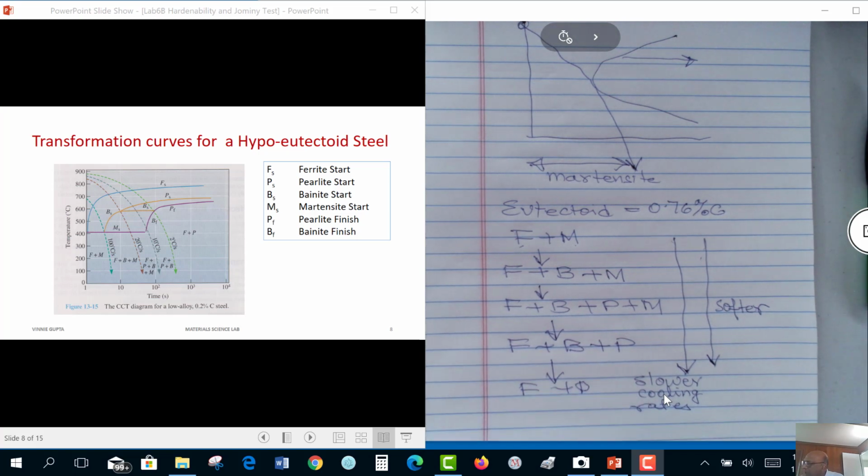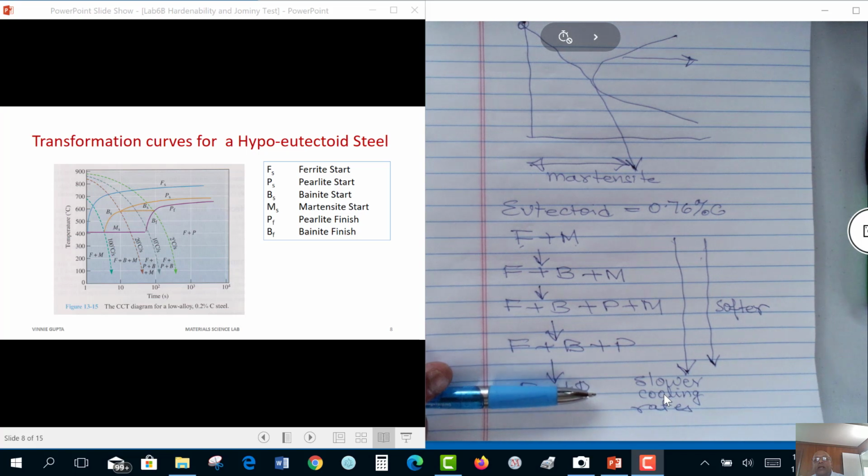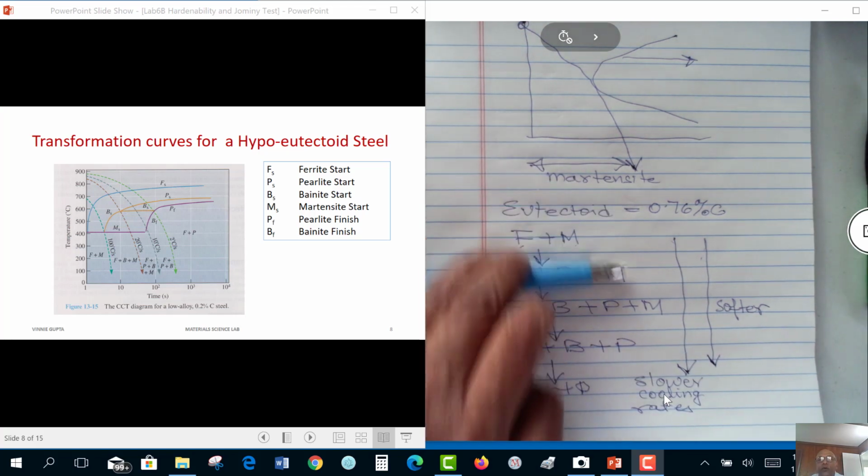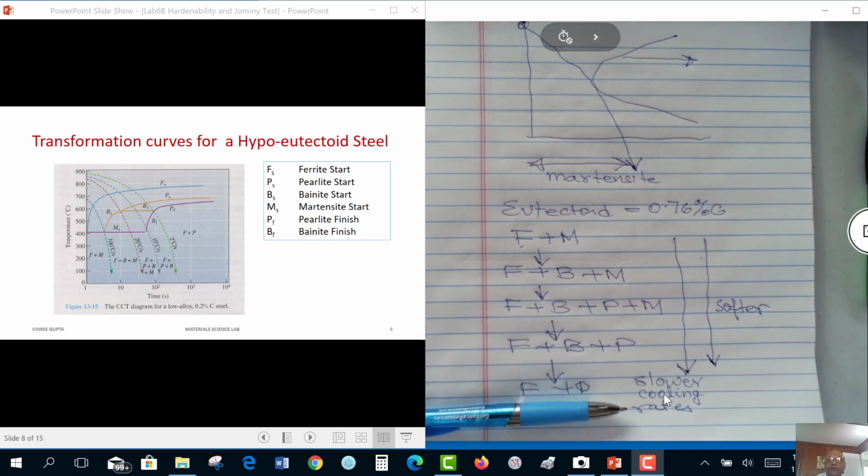Okay, so you can see the key idea here is that by cooling our steel at a different cooling rate, we can customize the combination of hardness and toughness. So whatever hardness we want, we can control it by controlling the cooling rate.